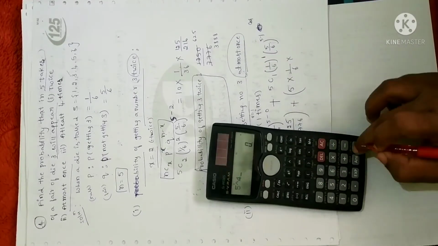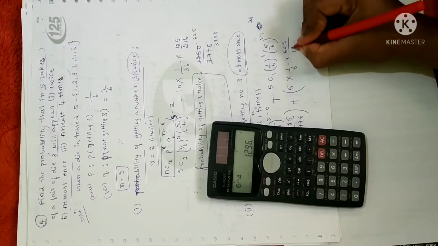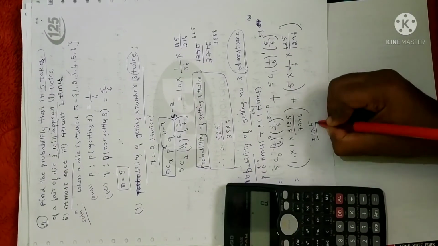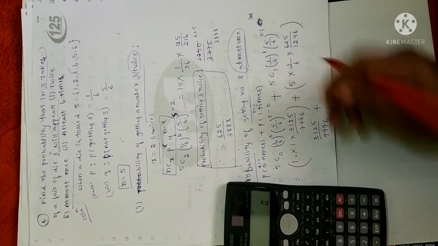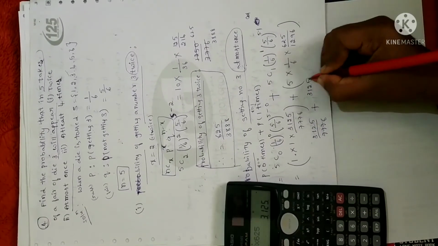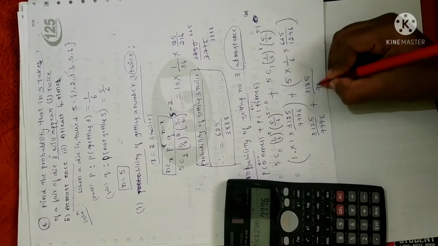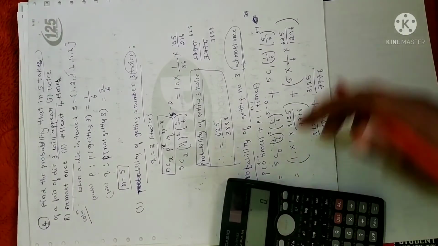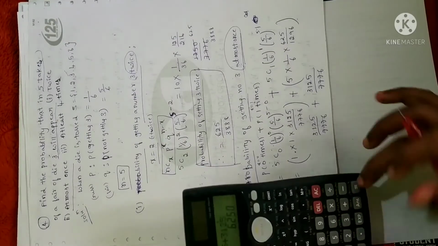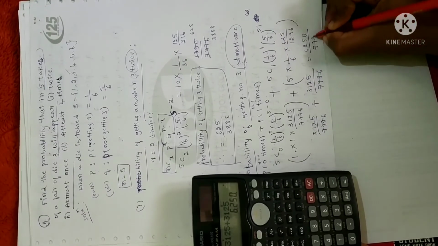So 5 power of 4 is 625 divided by 6 power of 4 is 1296. Now let me simplify. So you will get 3125 divided by 7776 plus 5 into 625 is 3125 divided by 6 into 1296, 7776. So let me add these two values. 3125 plus 3125, you will get 6250 divided by LCM is 7776.